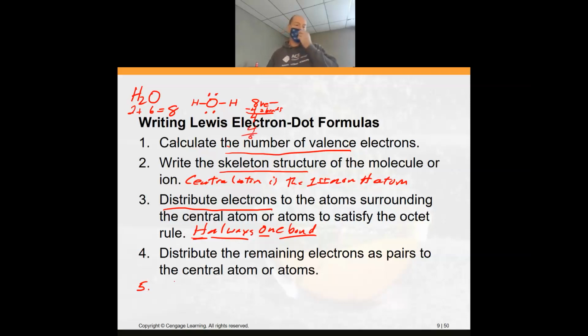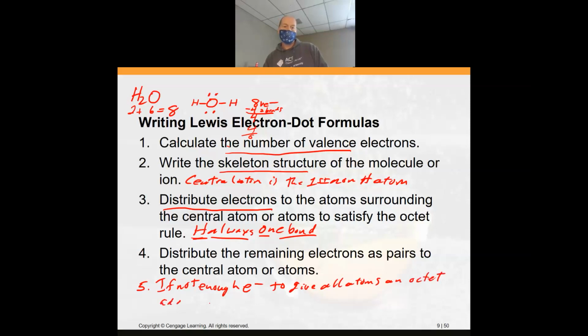Sometimes we are not going to have enough electrons. If there are not enough electrons to give all atoms an octet, you're going to have to add a double bond. And a double bond is then going to be called a pi bond.